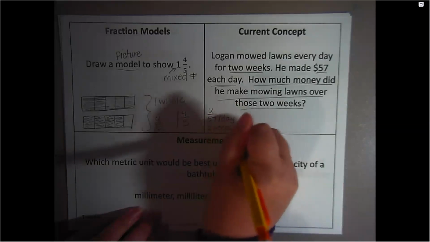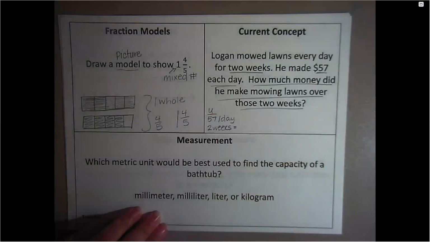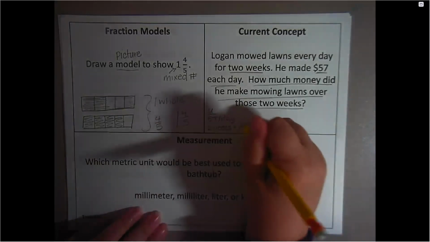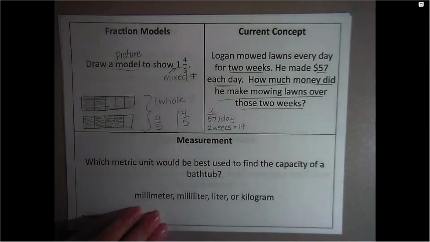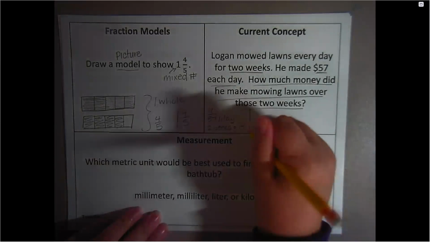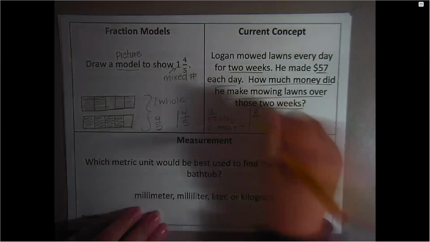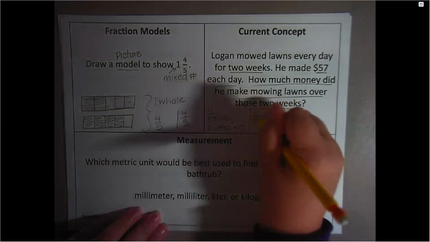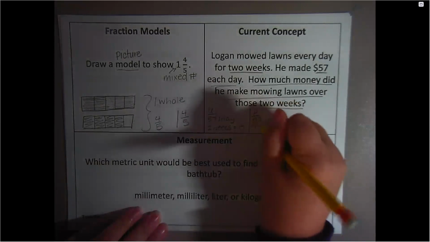And so I know that there are 7 days in a week. So that means 2 weeks is 14 days. He mowed every day for 2 weeks. So my plan is to multiply 57 times 14.